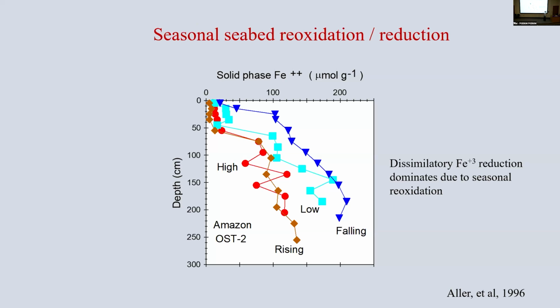And what you can see here is during parts of the year, there's very little reduced iron in the sediment in the solid phase, and during other parts, it's grown in. So there's this massive oxidation reduction cycle in the sediment that corresponds to this exposure, okay? Incredibly important. And so iron reduction actually, as a result, dominates a lot of the remineralization of carbon.